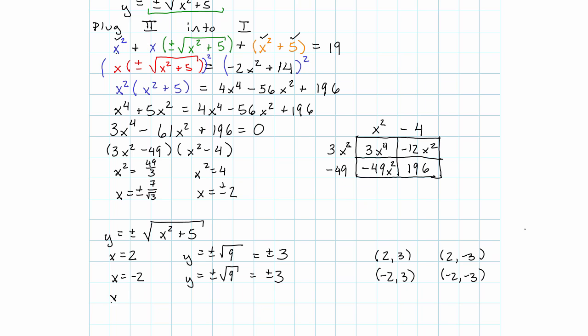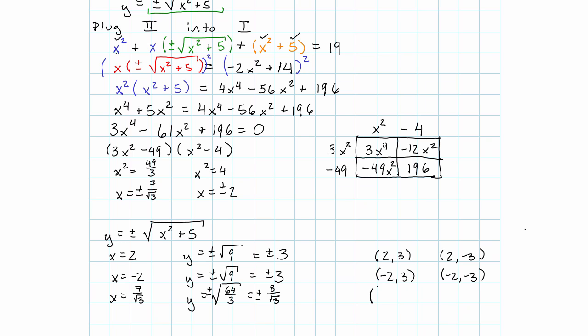If x is 7 over the square root of 3, then y is, this is a job for a calculator, but we'll find that it's one of the square roots of 64 thirds. So it's plus or minus 8 over the square root of 3.